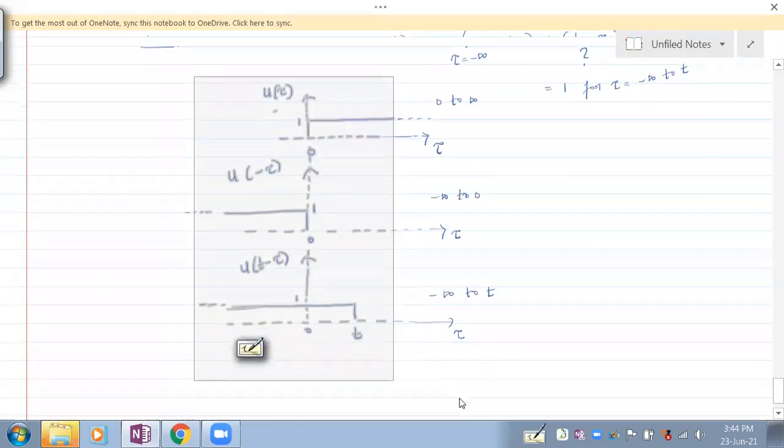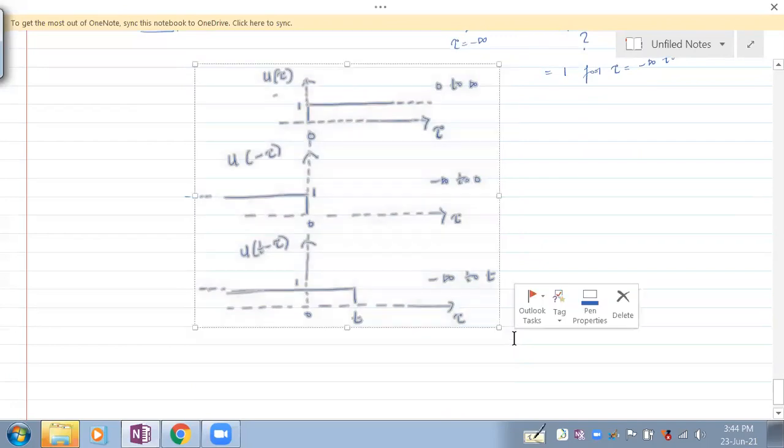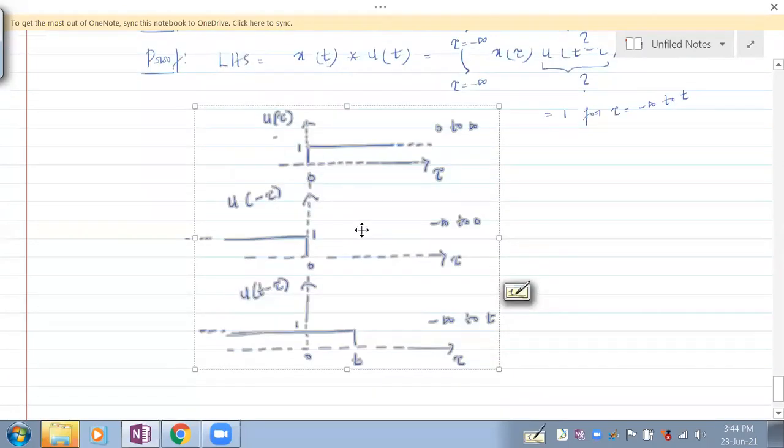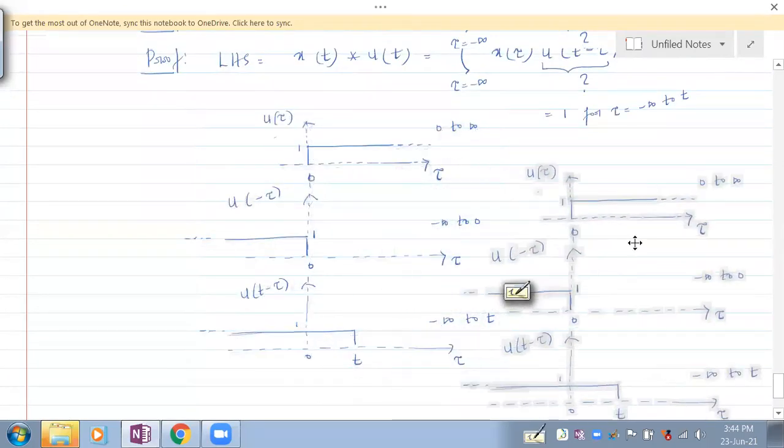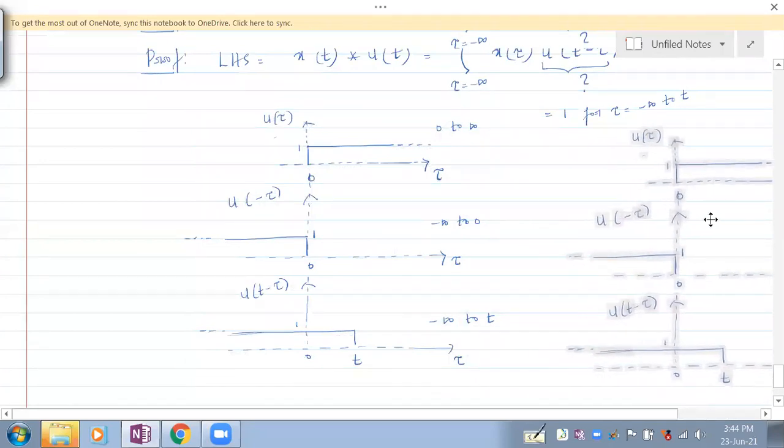This is just an exercise that I demonstrated, so it is not important. Let's keep it aside.